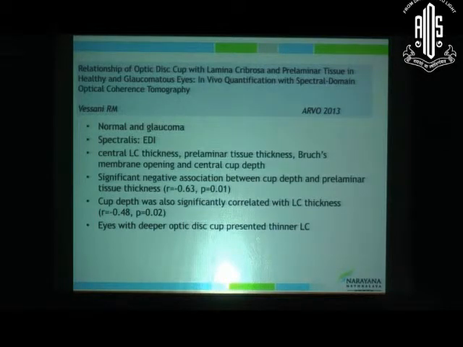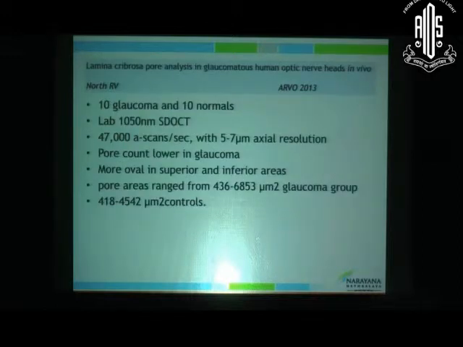All these articles are obviously based on small samples, and many of them were lab-based OCTs which are not commercially available. Some of the resolutions on these are phenomenal, 47,000 A-scans per second.